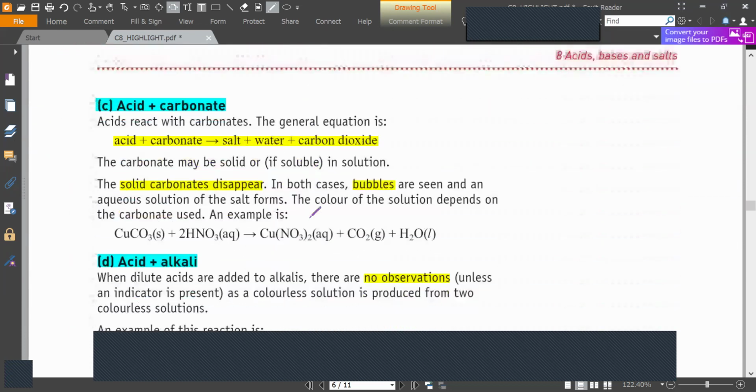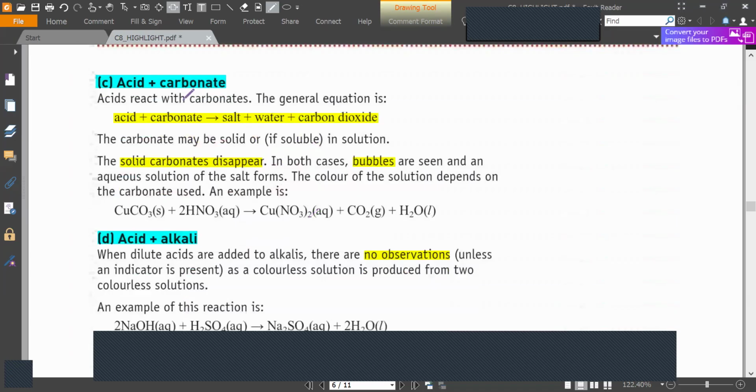Acid plus carbonate. We know carbonate is mostly insoluble, and the acid is soluble. So again, this one we will put in excess and this one in limiting. This will be fully reacted, and this one will remain some.